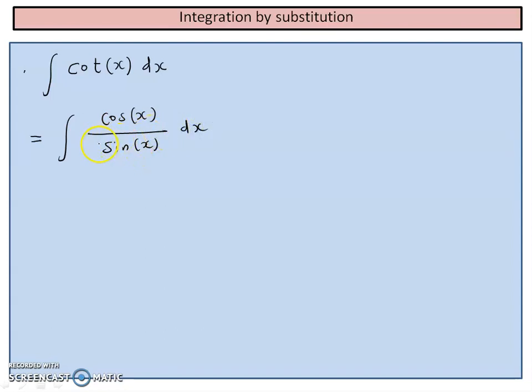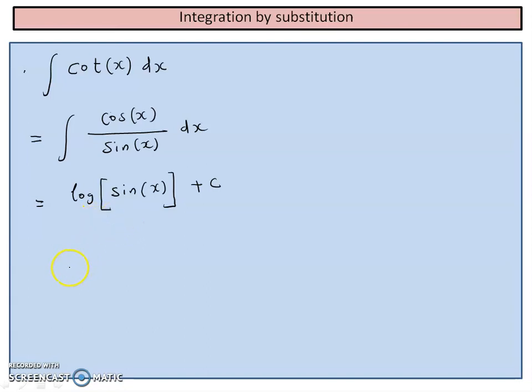Now the denominator is sin x, and the numerator is the derivative of sin x. Then this is the same as integral f dash x upon fx, and the answer is log fx. So we get directly the answer log of sin x. समझ गए बच्चों? Plus of course c. This is how the calculation of integration, where we have the derivative in the numerator, is solved simply like this.